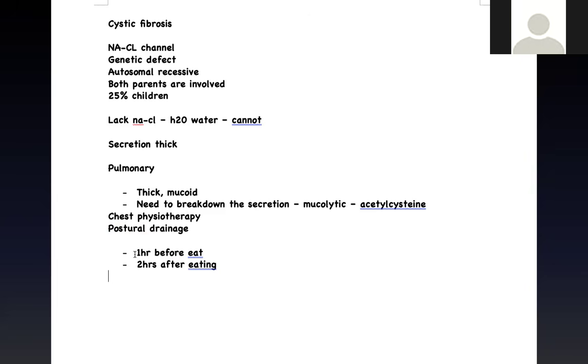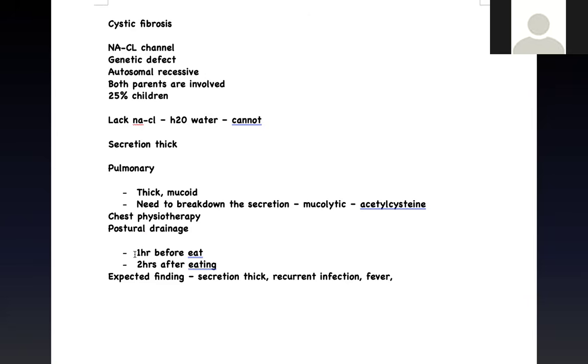So that's the expected finding. This is classic. The secretion is going to be what? Thick. They're going to have recurrent infection. They may have some fever. It's okay, don't worry about it. Recurrent infection, all these things, are expected findings.